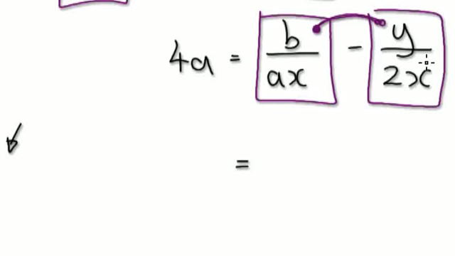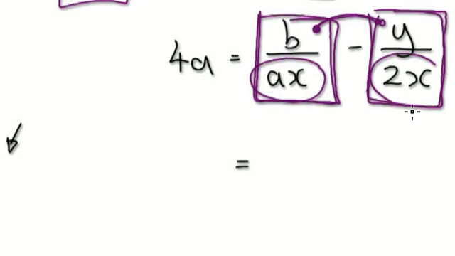So now to merge the two, you've got two fractions, this fraction and this fraction. To merge, the two denominators have to be the same. So over on this side, I'm going to times top and bottom by 2, and then over here I'm going to times top and bottom by a. So it would be this now.